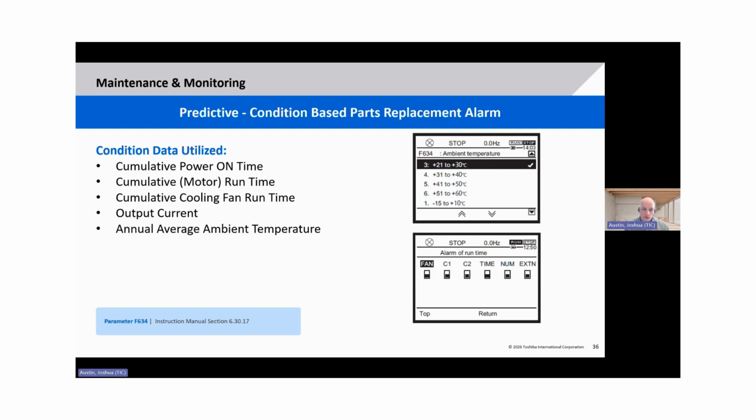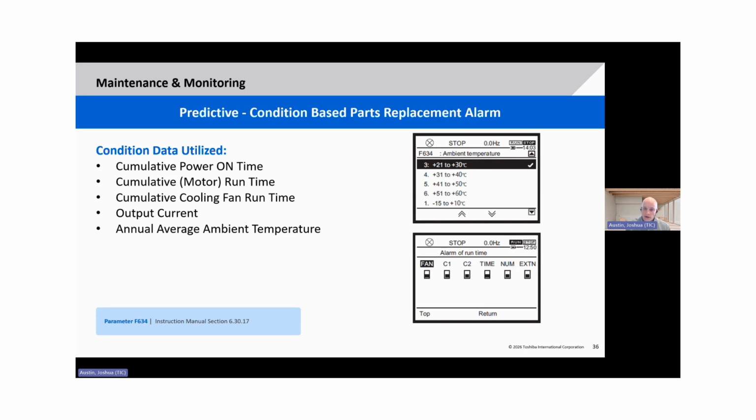So the drive will use all of these data points, and then based on that life expectancy that we referred to earlier, it will use our formulas to try and raise a flag or a warning that these components may be reaching the end of their design life and need to be replaced.